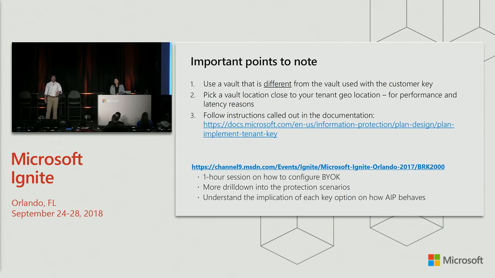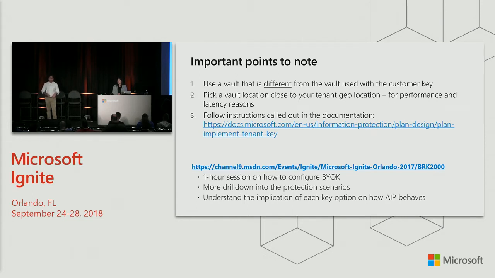Some important points to note when you're using BYOK. Use a vault that is different from what you use with the customer key. And there are reasons for this, both performance and latency and the number of transactions. They're slightly different in the way we use Azure Key Vault and how we interact with it. So the characteristics of the workloads are different. Use different vaults. And Jacqueline will talk about the requirements of her Key Vault related aspects in her side of the session.